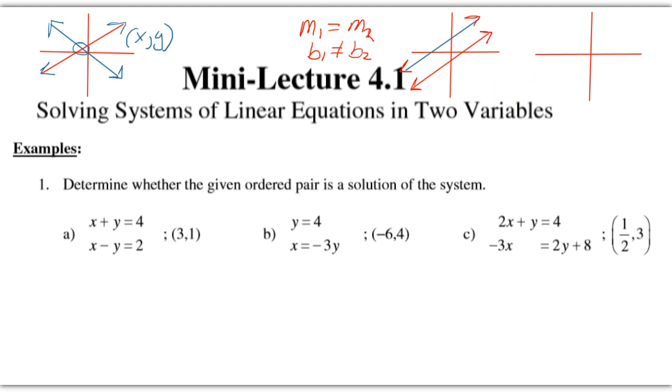Now another scenario might be you draw a line, again this is positive slope, and then you have another equation and you did everything properly, you made a t-chart or you put it in slope-intercept form, and when you went to plot the other, actually they were right on top of one another. In fact, they're the same equation, maybe disguised. One might have been in standard form, the other in slope-intercept form.